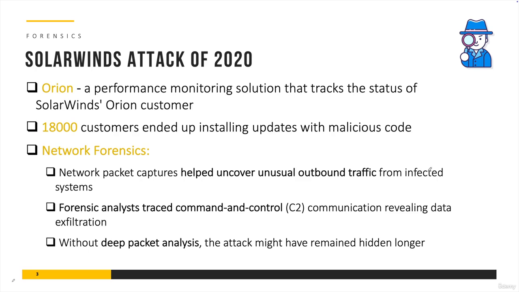Without deep packet analysis, the attack might have remained hidden much longer. So by leveraging network forensics, they used network logs to help discover one of the biggest cyber espionage campaigns in history. This highlights the importance of network forensics and the ability to capture, analyze, and then action logs.